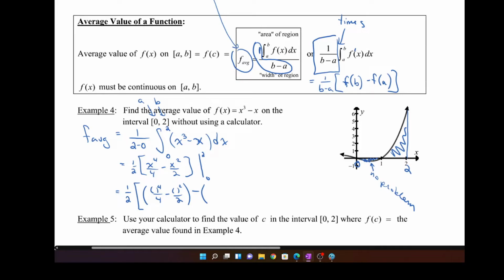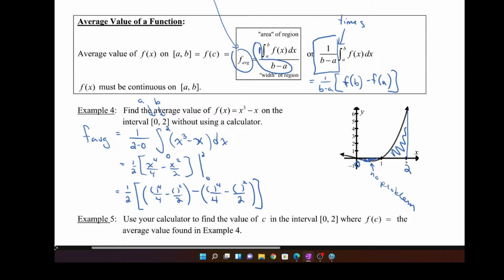So since every function is the derivative of another function, this can easily be a derivative. And so I'm just using that f of b minus f of a business on it to evaluate it. All right, so here's my 4, there's my 4, there's my square, there's my 2, and boom.